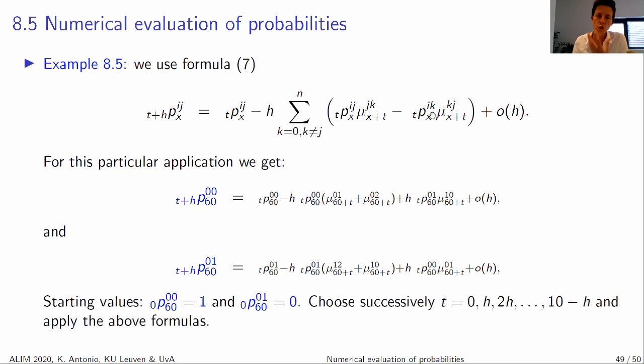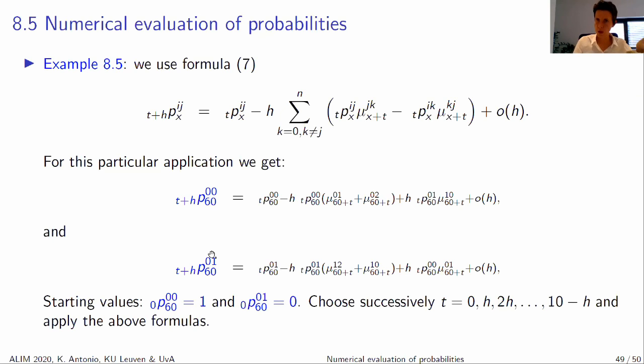But do note that I cannot use k equal to 2, for instance, in this expression, because the transition intensity to go from 2 to 0 would be equal to 0, since that would be the transition where you go from the dead state back to the alive state. So that's not possible over here. In a similar way, you look at the probability 0p01, right?